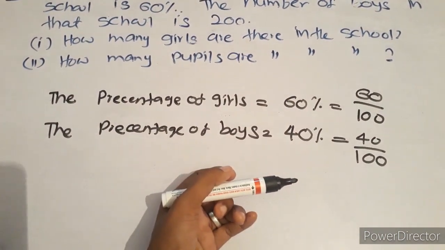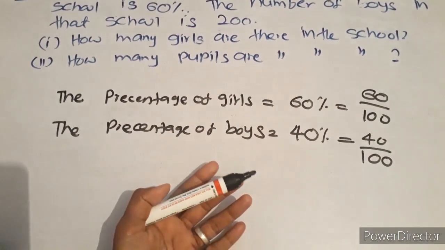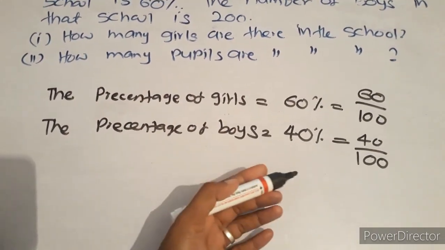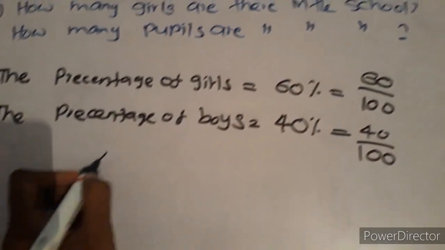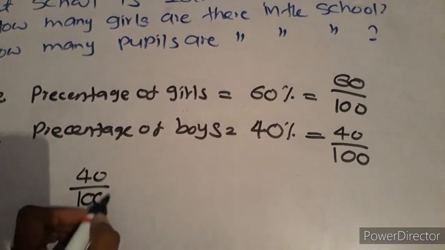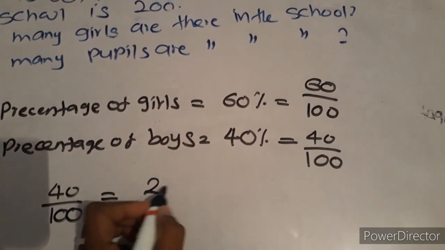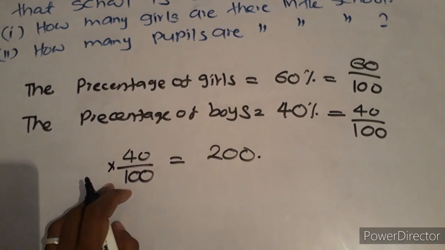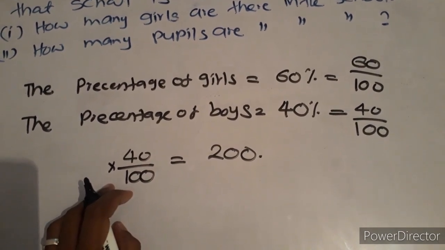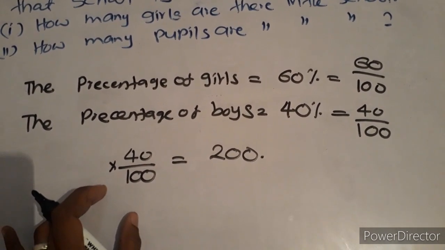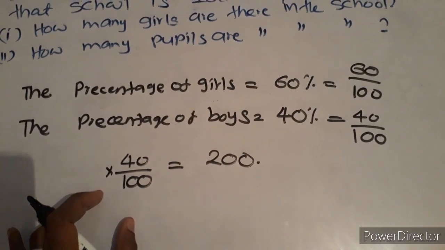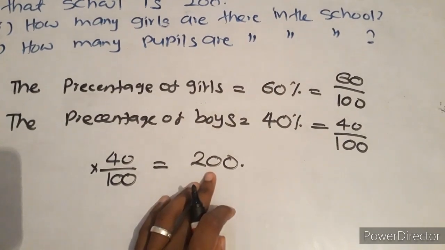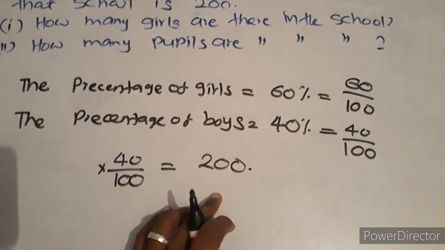Then what is the percentage of 1%? 40% is equal to 200, no? Then how to find out the total pupils? We have to multiply this by 100 and divide it by 40, no?